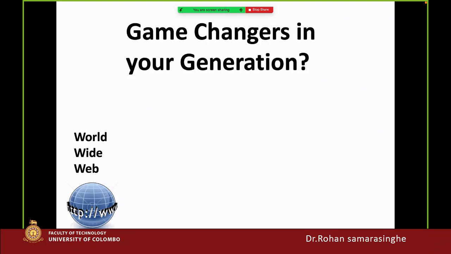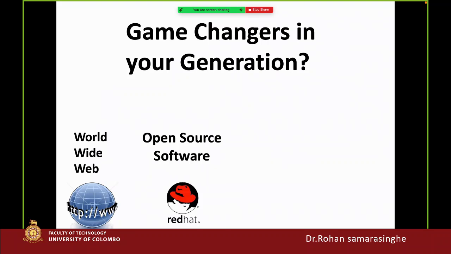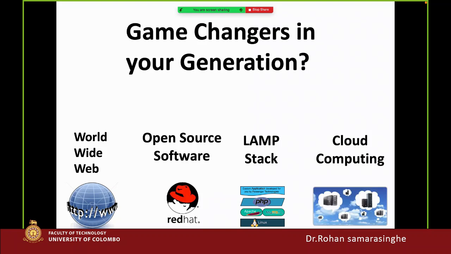By introducing the World Wide Web, WWW, as well as open source software and the LAMP structure. Those who are in IT, ICT, they know what this LAMP structure is: PHP, Apache, and MySQL, as well as cloud computing.